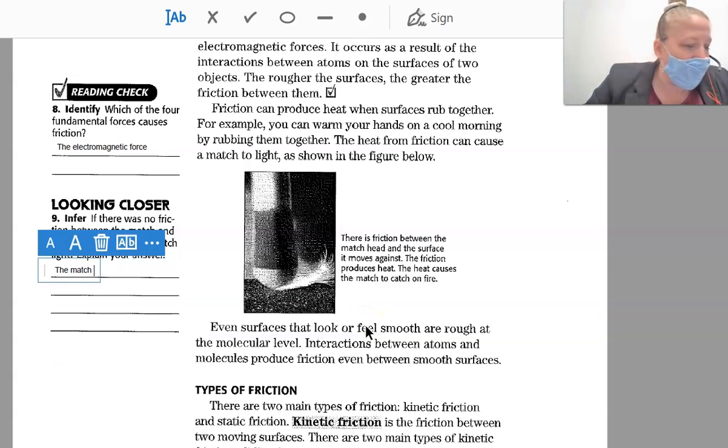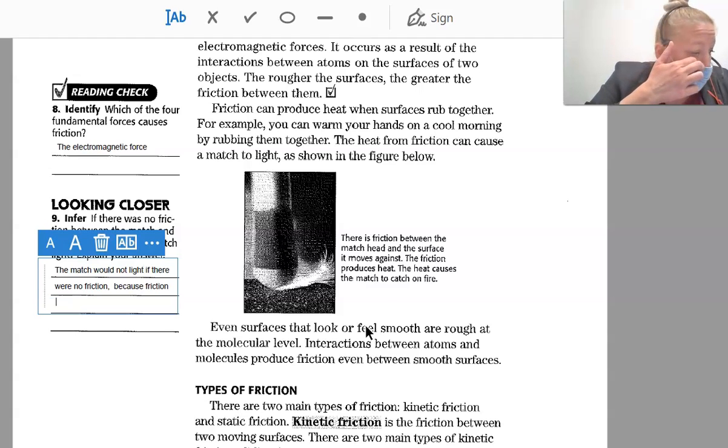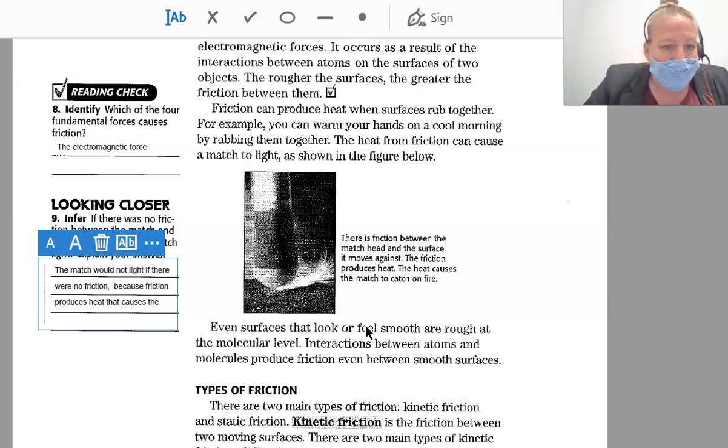The match would not light if there were no friction, because friction produces heat that causes the match to light.